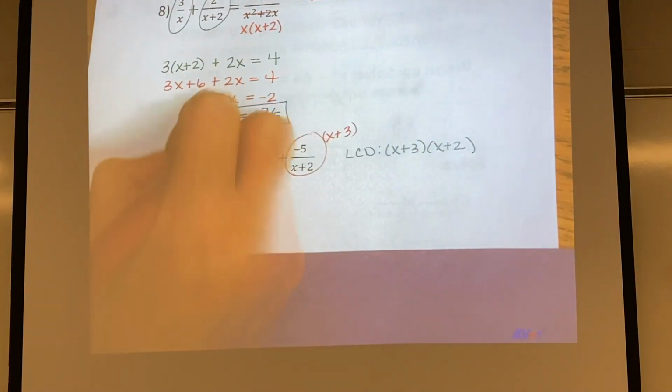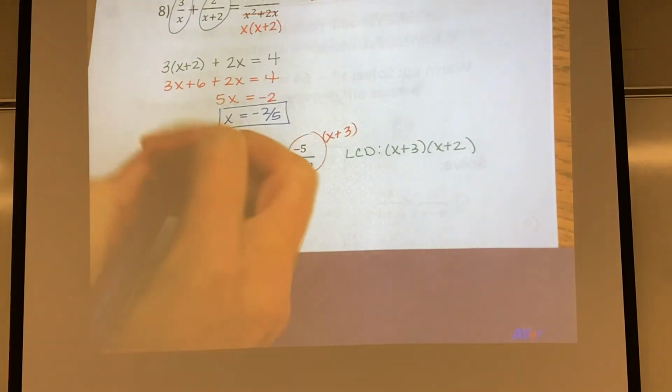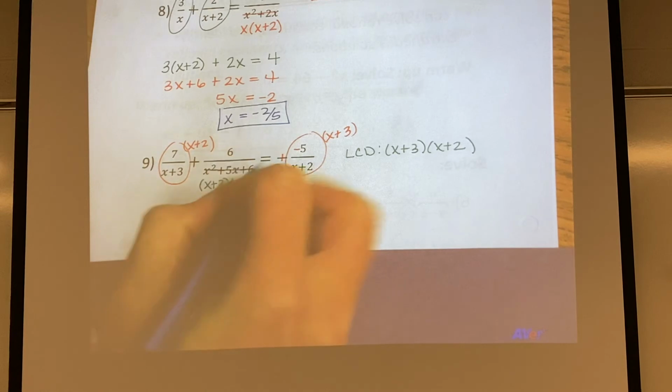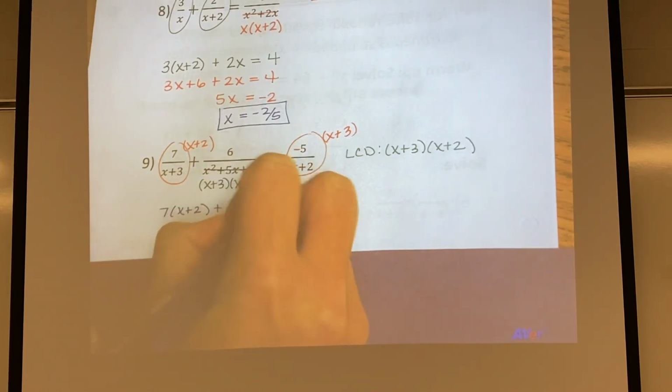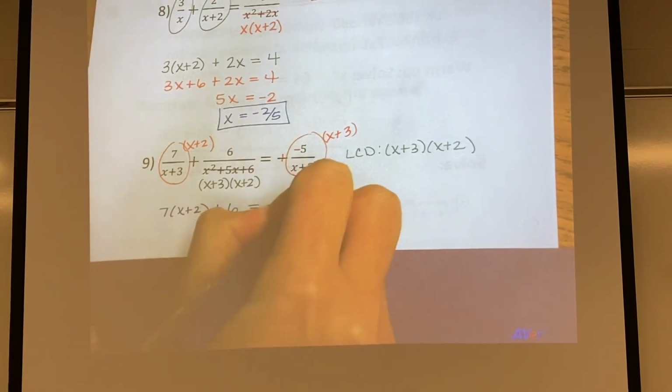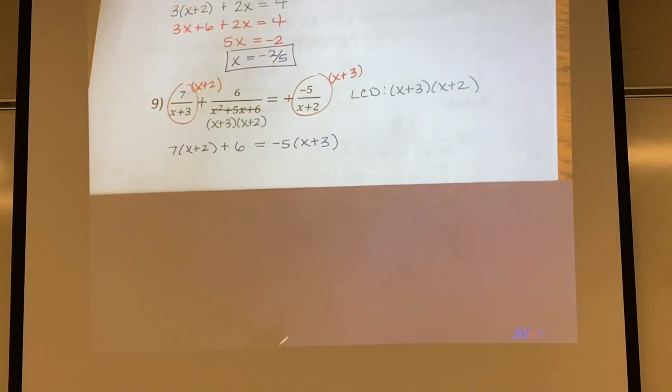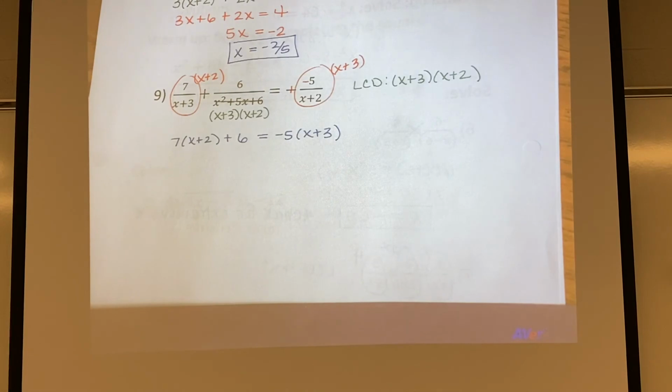All right, so when we start doing some simplifying, we have 7 times x plus 2 plus 6, remember we didn't multiply that times anything, equals negative 5 times x plus 3. All of our denominators are now gone. We've cleared those out of the way.